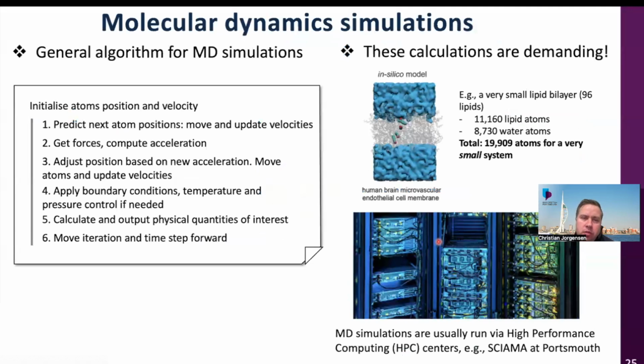Okay, so let's just recap. What is a molecular dynamics simulation? Well, it's a general algorithm in which you initialize the atom positions and you give them a velocity. So the position starts from a structure. You need to come up with a structure of your system. That could be a structure of a membrane, or it could be an X-ray structure of a protein.